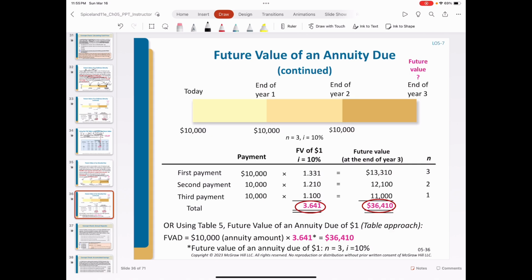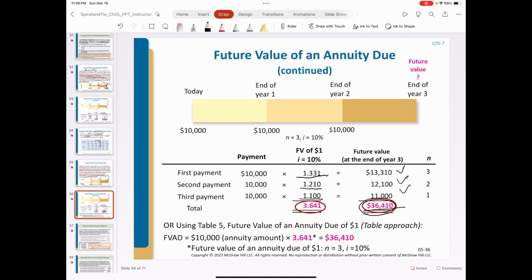The first payment accumulates 3 periods, so that's the future value factor for this, 2 periods, 1 period. Then we find the future value of each cash flow, and the sum of them is the future value of this annuity due.